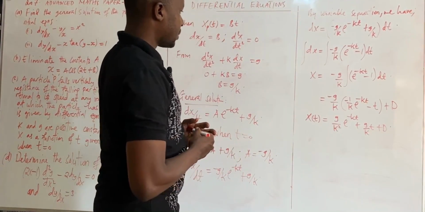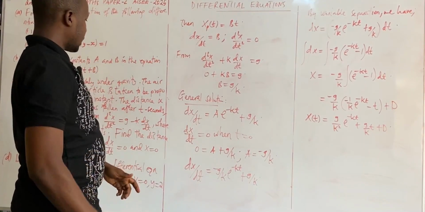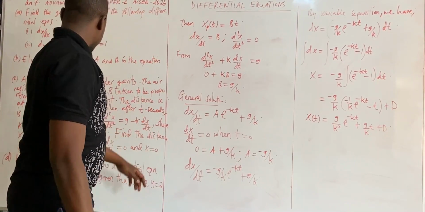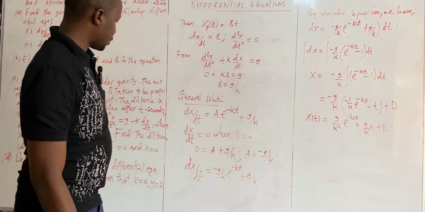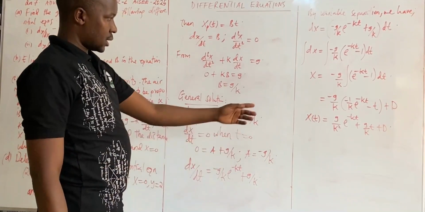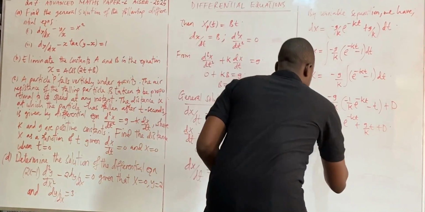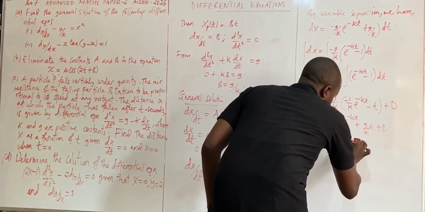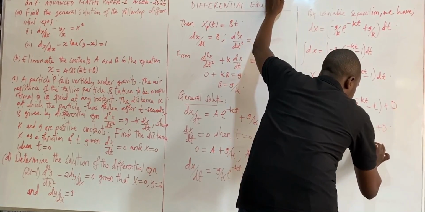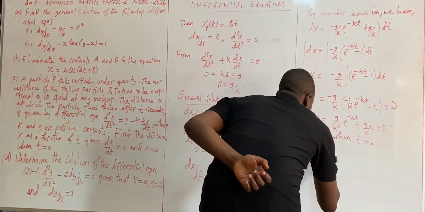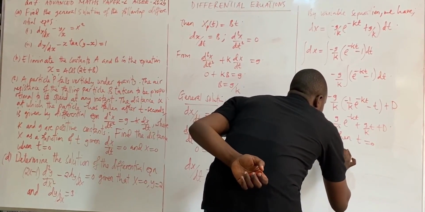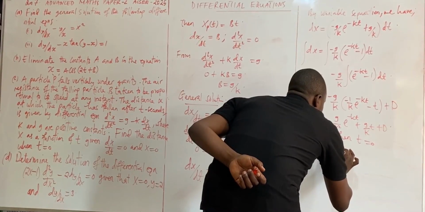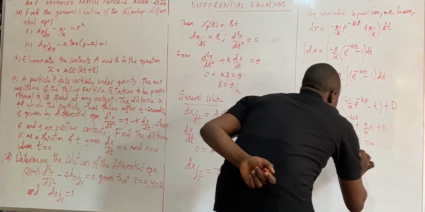So from here, if we apply the initial condition that when x was 0 the time was 0, because we don't have dx dt there, we can say x is 0 when the initial condition, then time was 0. So we'll have 0, where x, now we put 0, equals to g over k square.